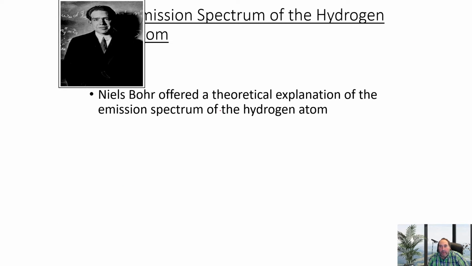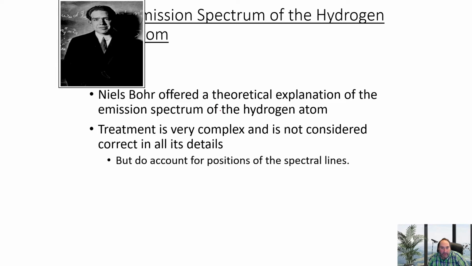So let's talk a little bit about Bohr's model of the atom here. Bohr had this theoretical explanation of those lines that we just saw. It's a really very complex theory. We're not going to go into great detail of it, but as I mentioned before, it describes nicely what we see with hydrogen.